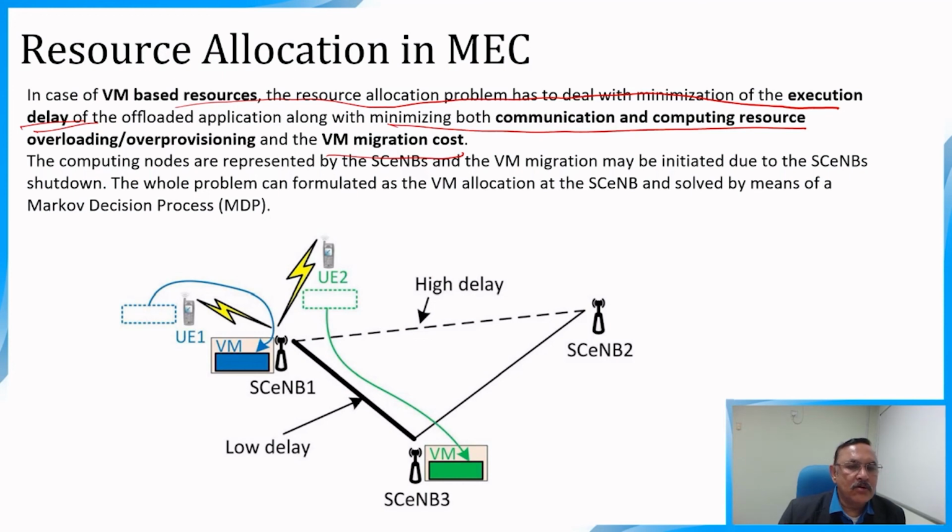So, the computing nodes are represented by SCENBs, that is what is shown over here, and the virtual machine migration may be initiated due to SCENB shutdown. For example, if there is a shutdown, then there will be a migration. So, the whole problem can be formulated as the VM allocation at SCENB and solved by means of a Markov decision process.